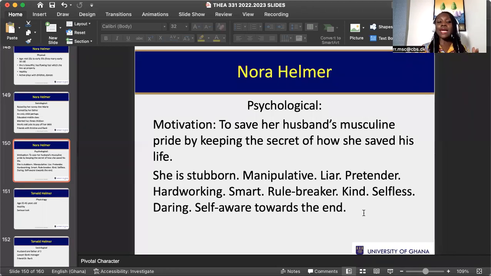Her self-awareness comes towards the end, because all this while she's been operating with the understanding that what she's doing for the husband, he will do for her when the time comes. Only for her to finally realize something. It's like in the end, she became self-aware. She began to question her own mind.